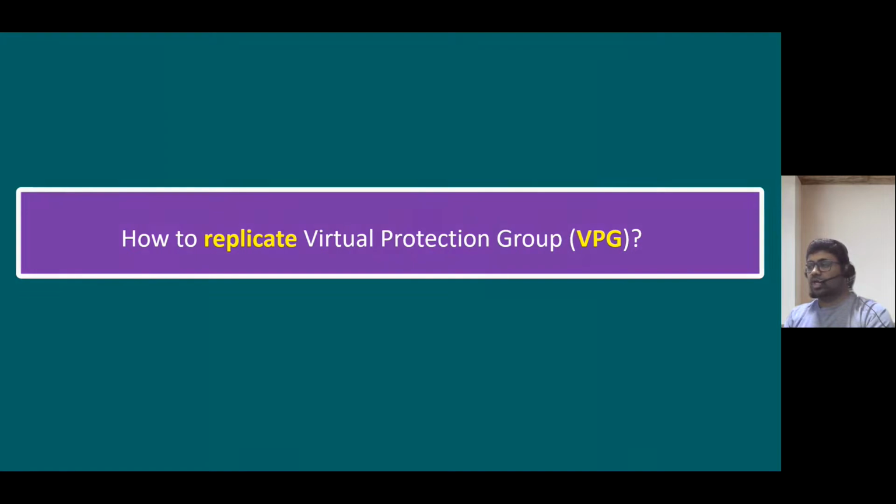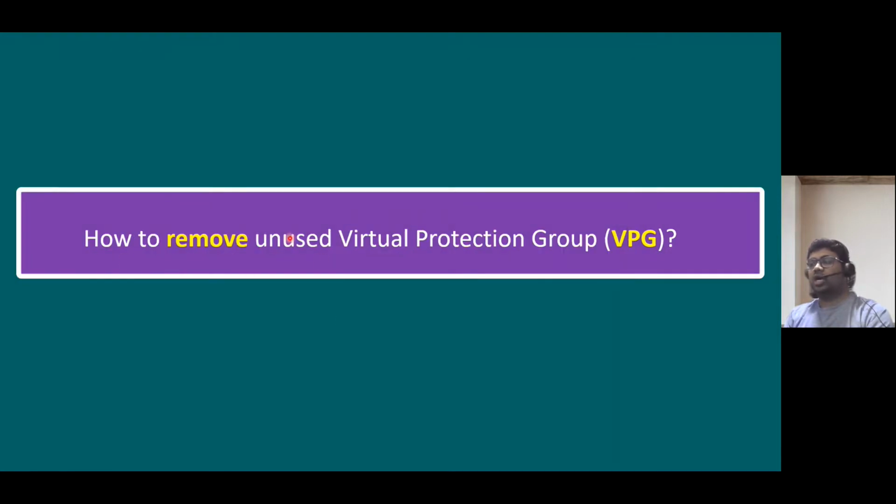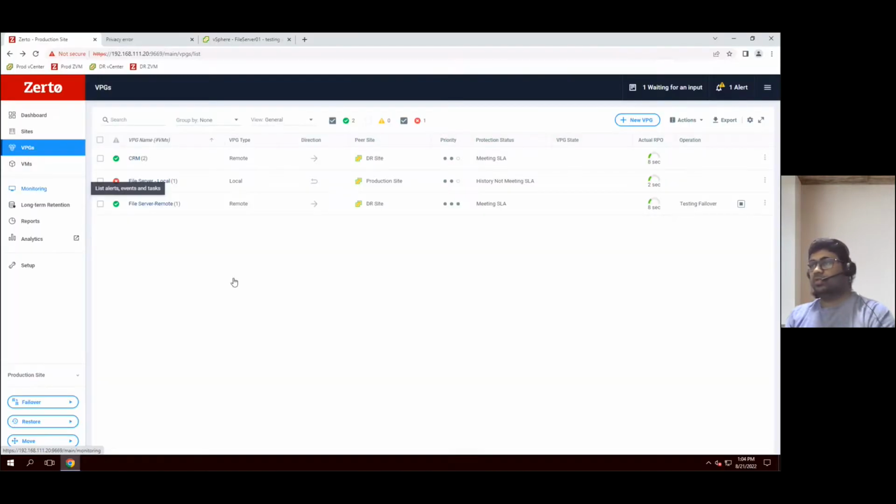Now let's go to another point. How to remove an unused virtual protection group? Suppose you want to remove an unused protection group. In this virtual protection groups tab, we can see three protection groups available, but one is showing as history not meeting the SLA. That means there is some error message. Suppose we think that this is unused.